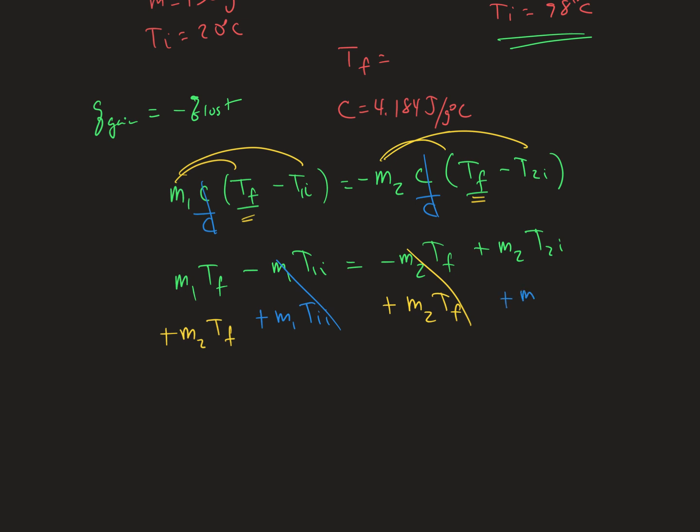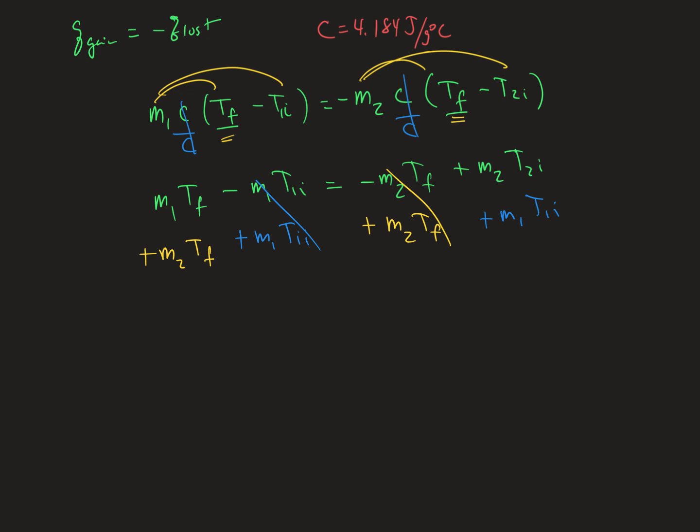And that gets rid of all the negatives. Any questions on that step? It's to get TF on one side all by itself. We're just using algebra, solving for TF.